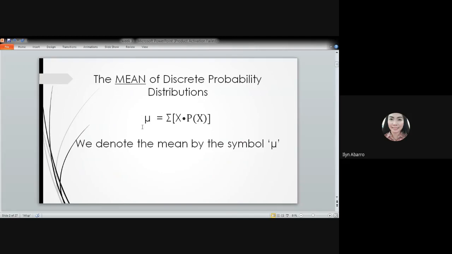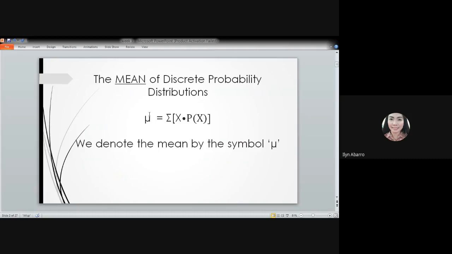So, the formula for mean is mu is equal to the summation. This symbol is for summation. Ibig sabihin, total or sum of the x times p of x, wherein x is our random variable and p of x is the probability distribution of the random variable x, or the probability of the random variable x.